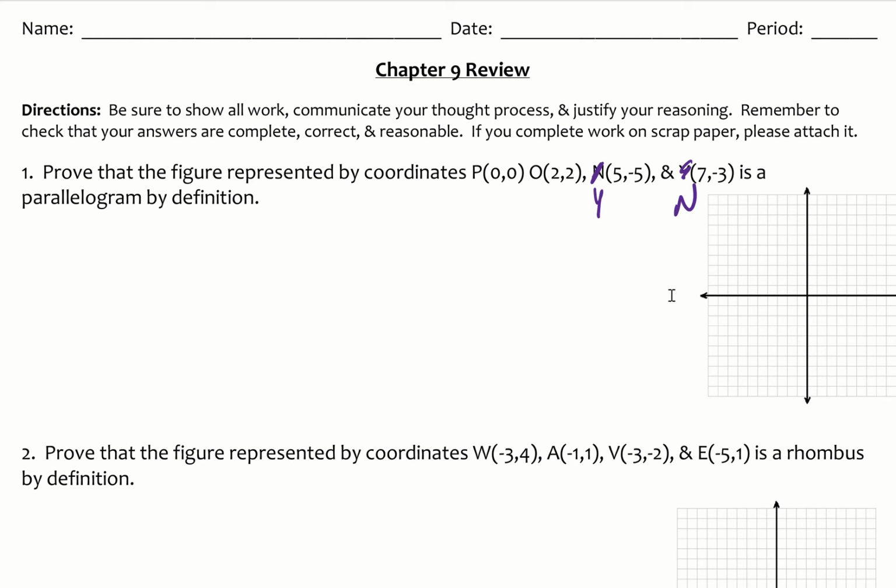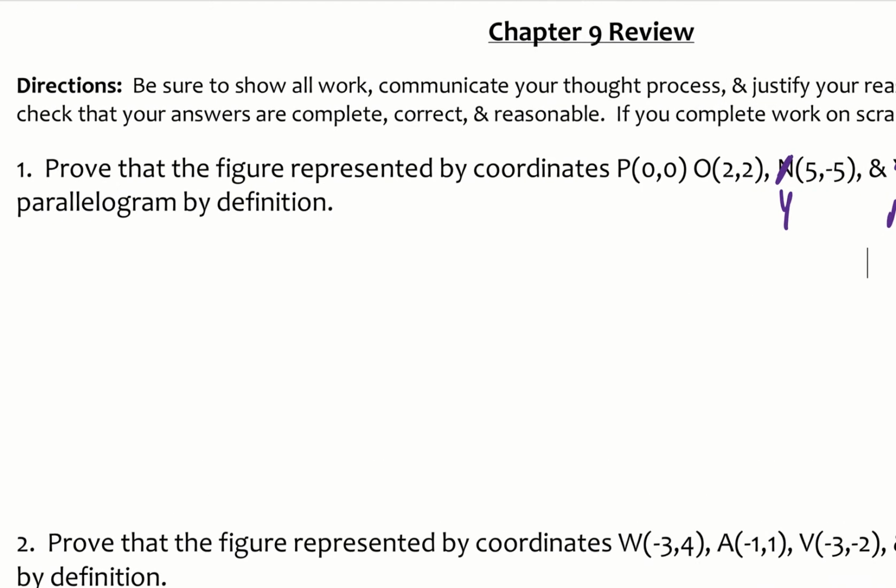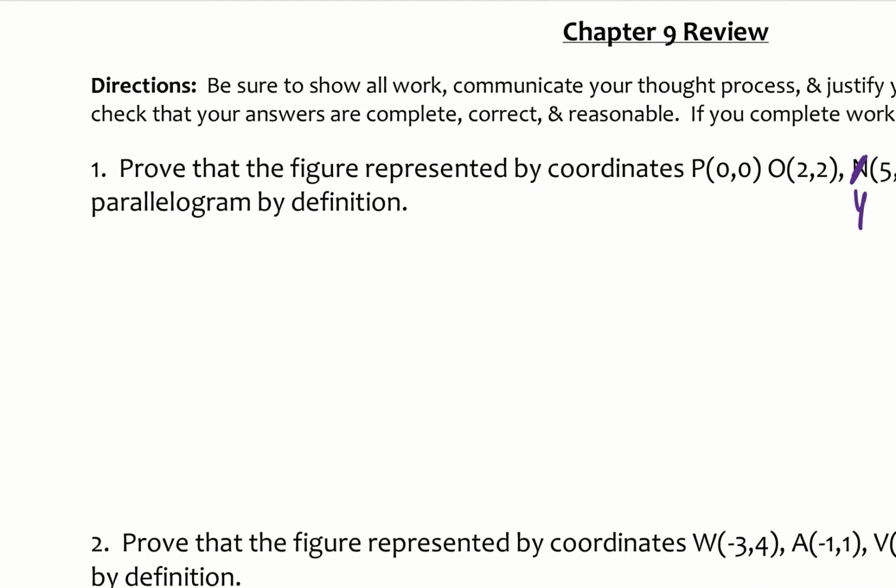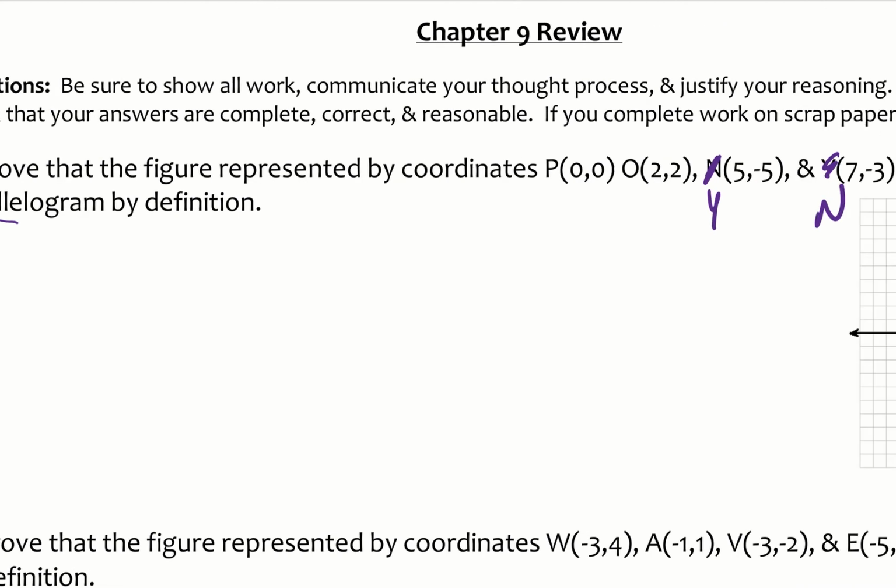For the first one, we have a proof of a specific type of classification, a parallelogram. We want to prove that the following figure is a parallelogram by definition. The definition of a parallelogram, as you recall, is that you have two pairs of parallel sides, and this is why it's referred to as a parallelogram.